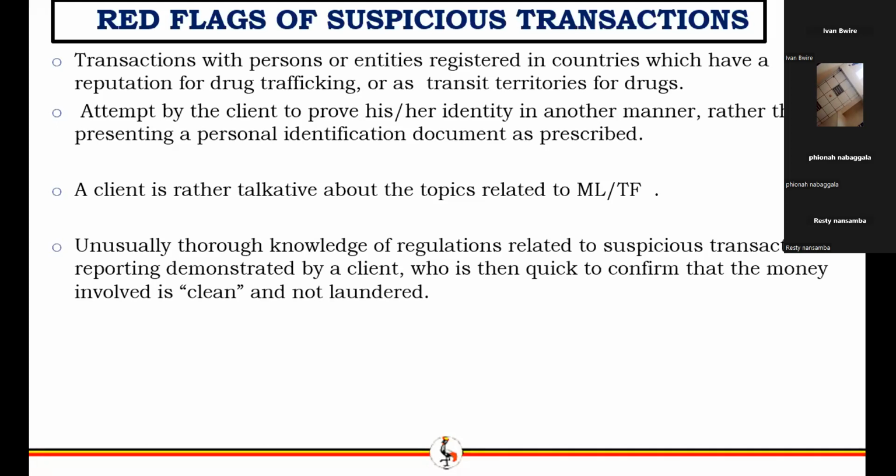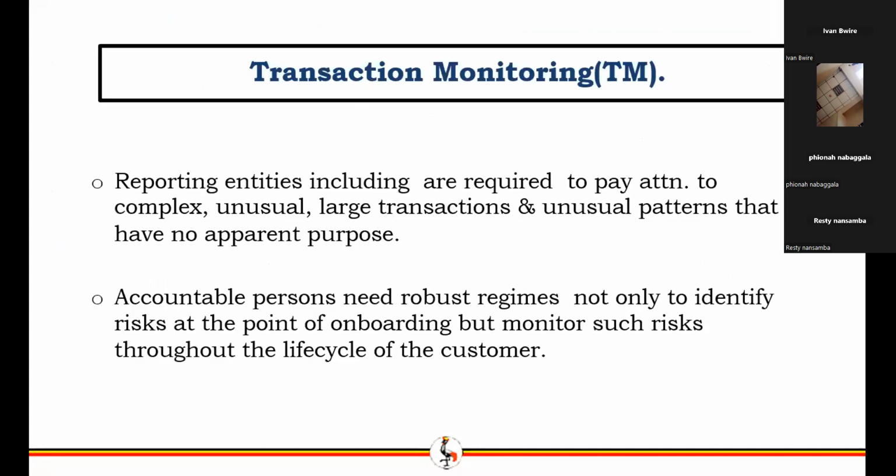this can form suspicion. So mainly, in suspicious transactions, there's what we call a suspicious activity, which you can detect from the behavior of a client, and the transaction, which you can detect once the client has transacted.